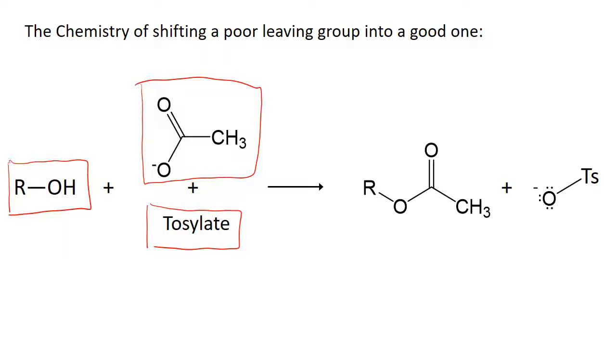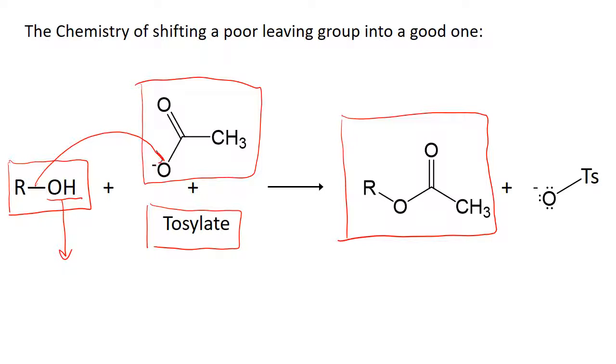This reaction yields our final product, in which we wanted to make this OH group leave and to make a bond with our R group here. And we have a tosylate attached to the oxygen.